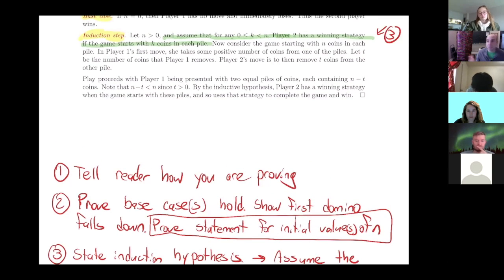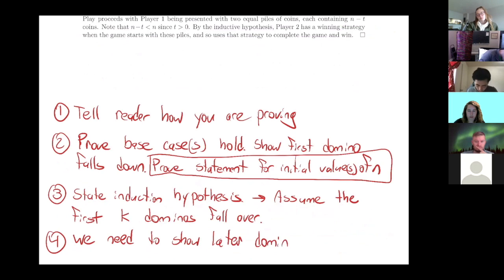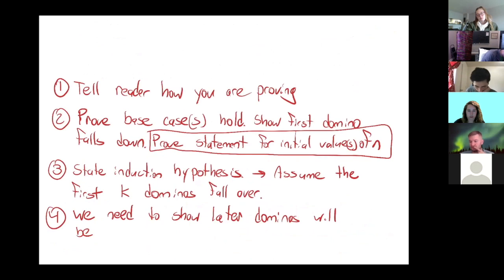That's like assuming that we have a bunch of dominoes that fall over, and then what's left to show is that later dominoes are going to be knocked down, and then therefore that's going to imply that all dominoes fall down.